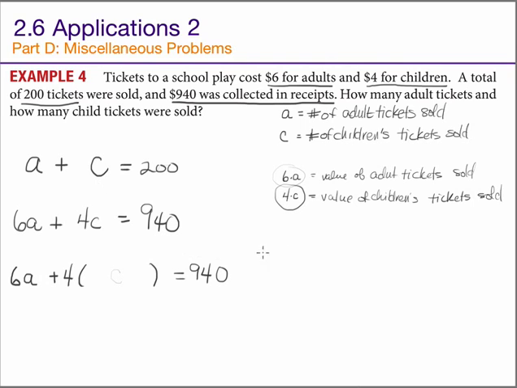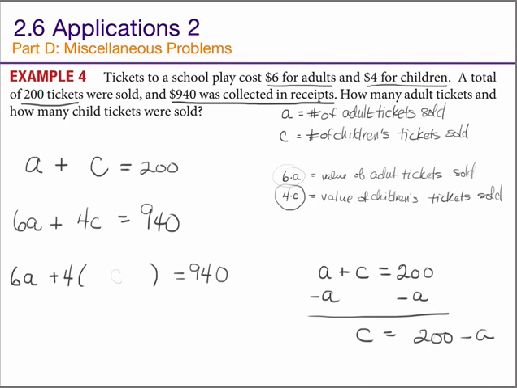In this case, though, it's not ready for me to substitute. I can find another way to write C, but I need to do some algebra first. Now I can substitute C with 200 minus A.